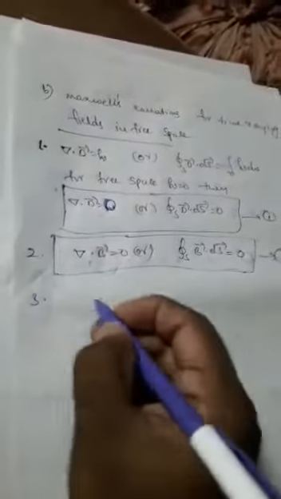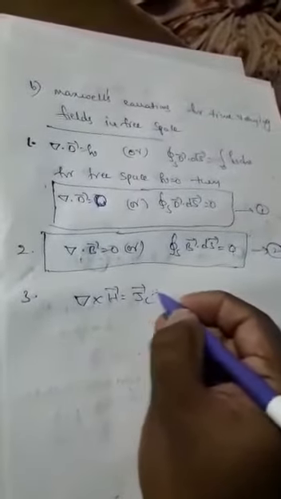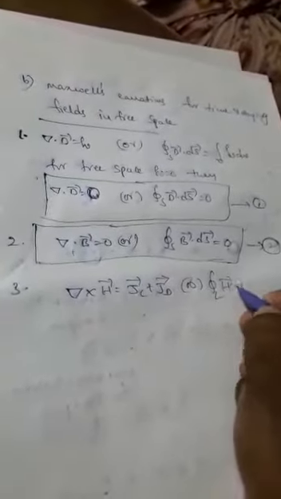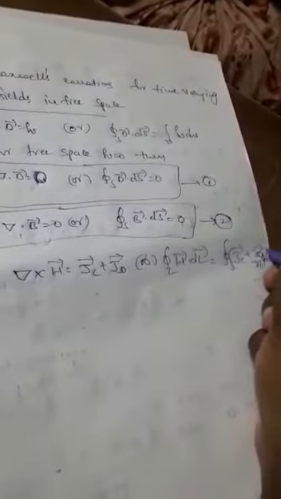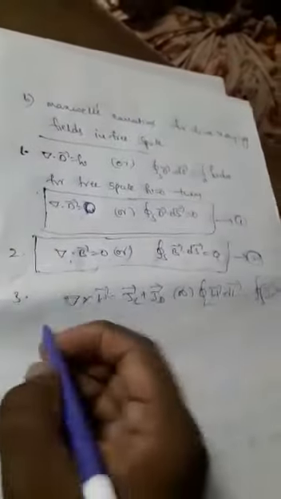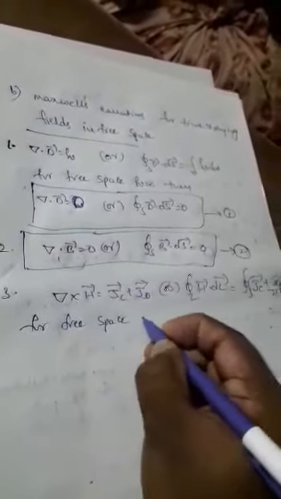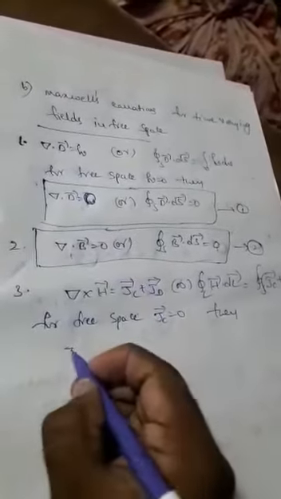Then the third one, curl of H bar is equal to Jc bar plus Jd bar in time varying fields, or in integral form closed line integral of H bar dot dl bar is equal to closed surface integral of Jc bar plus dou D bar by dou t into dS bar. But for free space, conduction current density is 0, then only displacement current density.